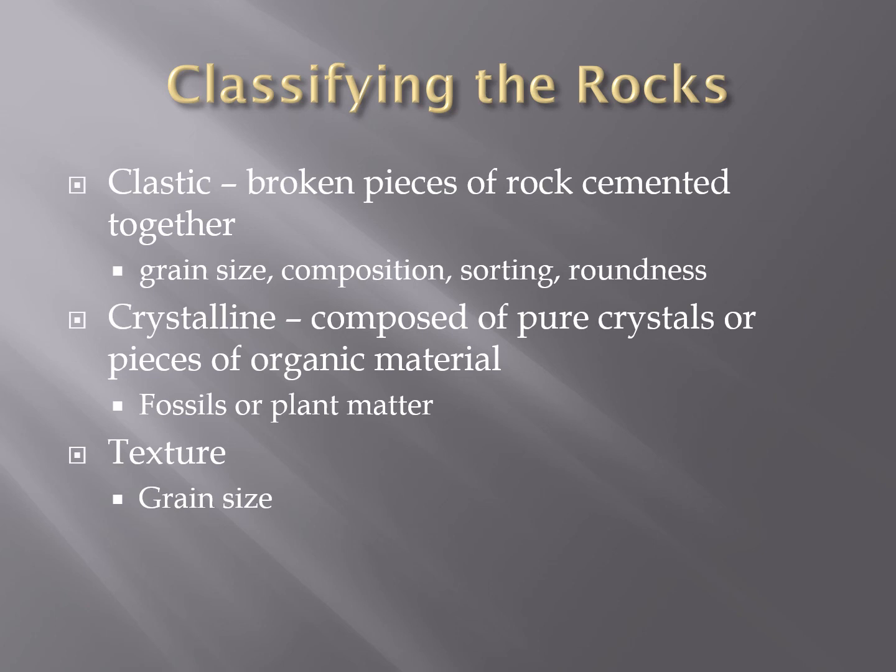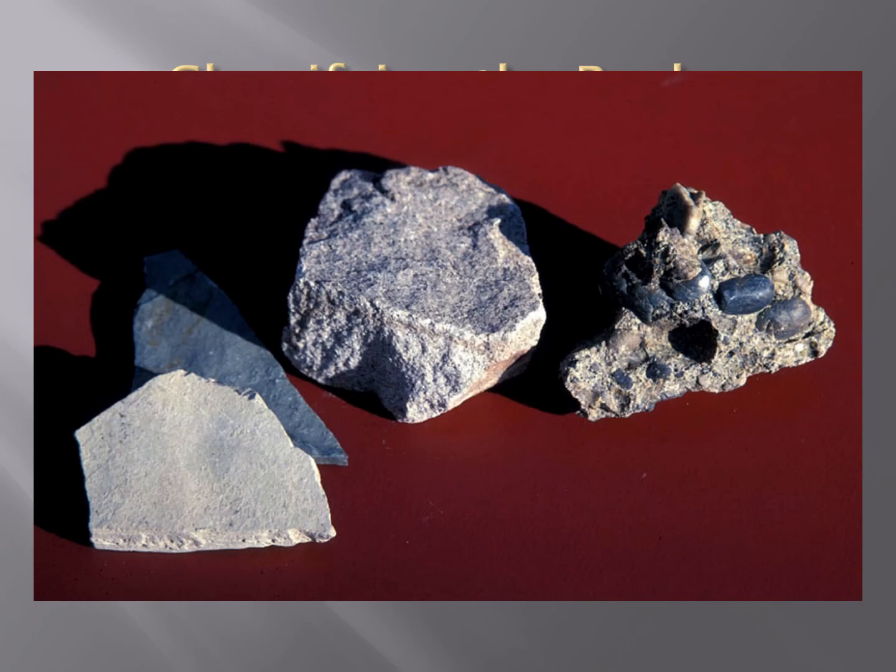We also want to pay attention to the different grain size, because grain size can give us an indication of the depositional environment as well as the amount of energy at which this particular sedimentary rock was deposited. So going from left to right, we see very fine grain particles.